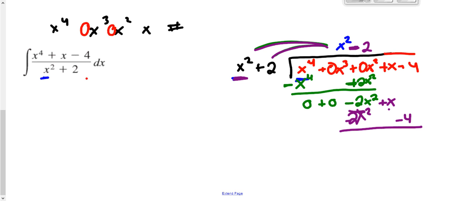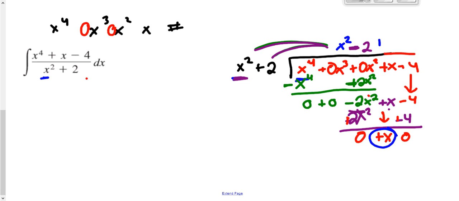And then we subtract these. They're both negatives. When we subtract a negative, they both become positive. Negative 2 plus 2 is 0. Those should always cancel out. And then we also need this negative 4 to drop down. So negative 4 plus 4 is also 0. So when we have our remainder, it's just x again.